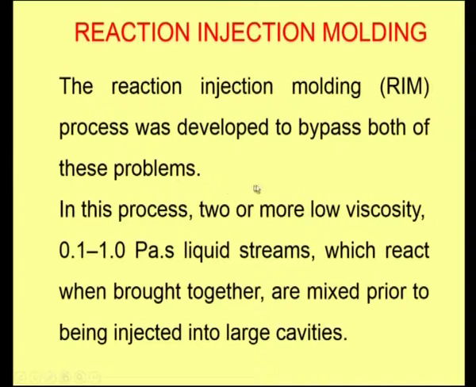So, in this, two or more low viscosity liquid streams, in the range 0.1 to 1 Pascal second, react when they are brought together, and also there is a mixer that will ensure that these two liquid streams are mixed thoroughly before they are injected into the mold cavity. As the reaction injection molding machine is mainly meant for large sized products, the cavity would also be of large size.